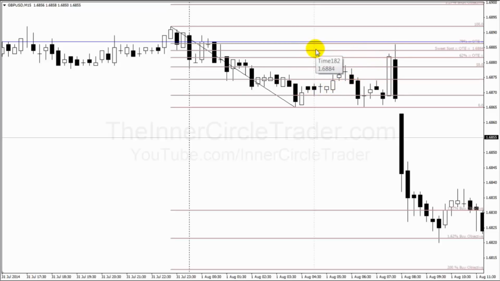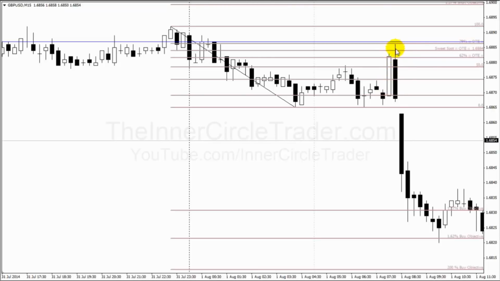Now, when will the signal occur as it starts to rally? We understand that looking at price moving in the opposite direction is optimal for entry. You can see that price just fell short of the 79% retracement level right in here. Didn't quite get there. The high on that candle is just a pip below where the actual 79% retracement level is. But look at the level of rejection.